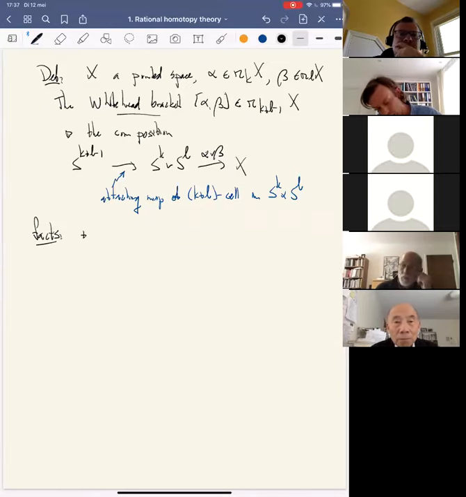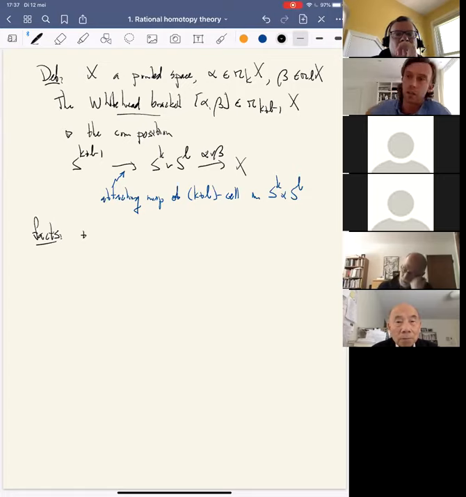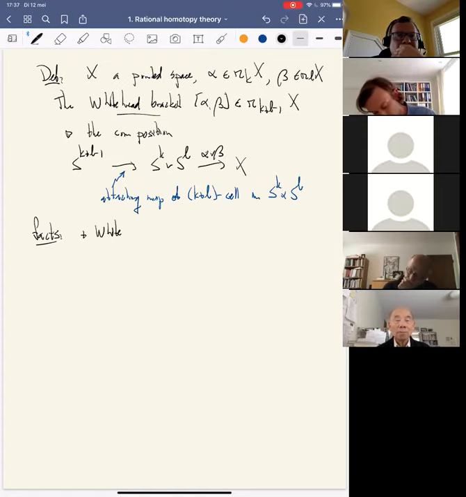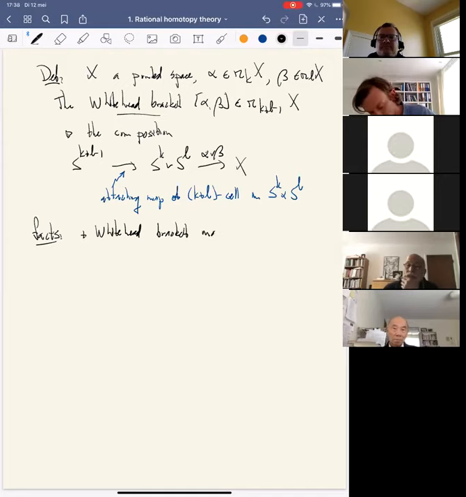The first one is the Whitehead bracket. Well, the bracket notation is suggestive. It really is a Lie bracket. Okay, so the Whitehead bracket makes, well, you have to shift by 1. So if you look at pi star plus 1 of X, this graded abelian group, then the Whitehead bracket makes this into a graded Lie algebra.